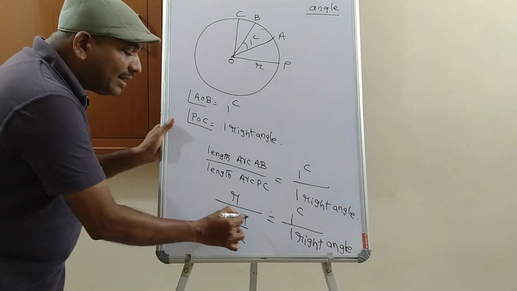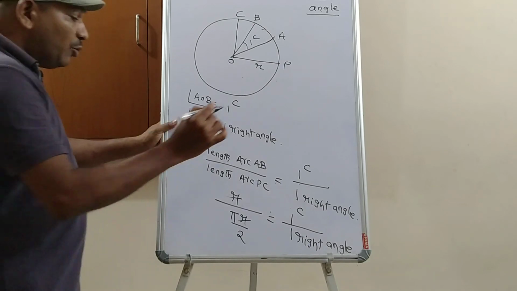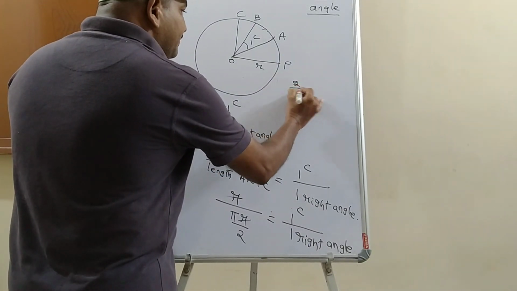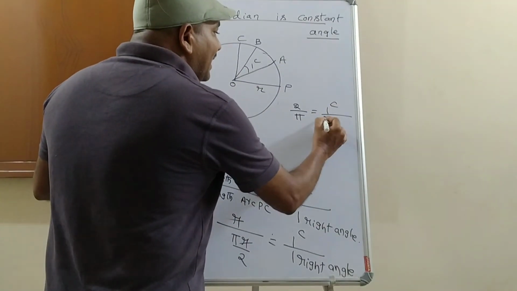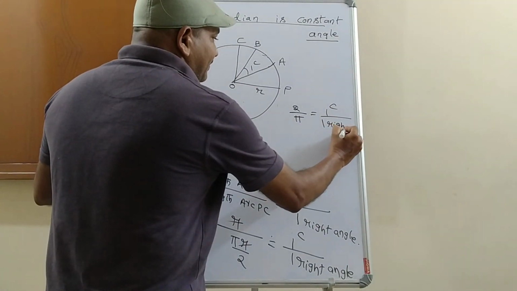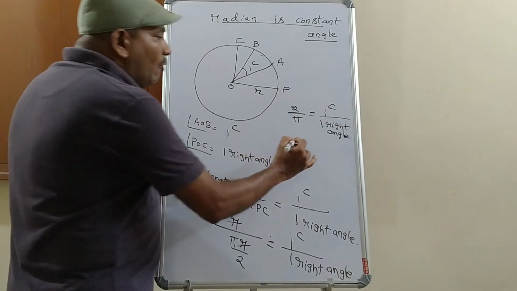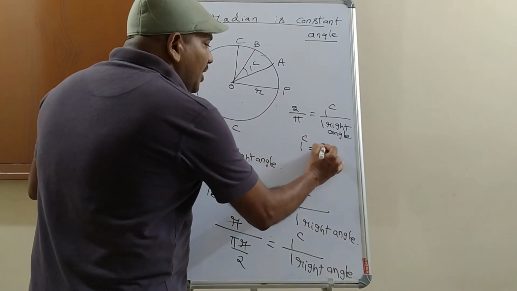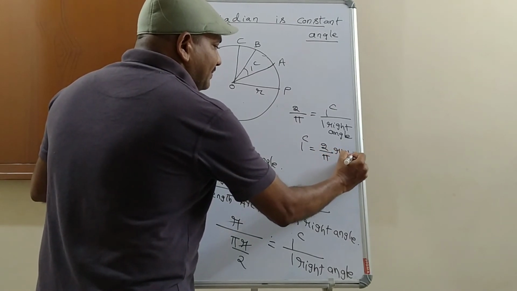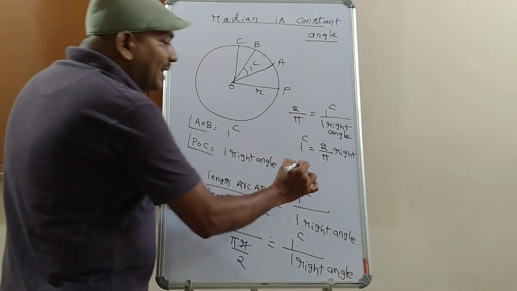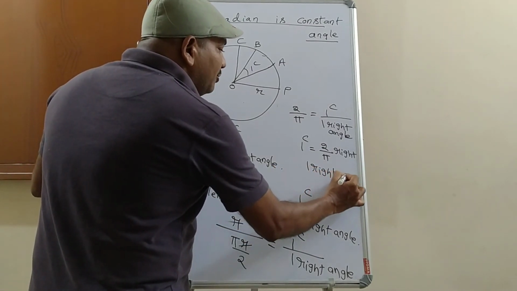Now r cancels. This means 2 by pi equals 1 radian by 1 right angle. This means 1 radian equals 2 by pi right angles, or 1 right angle equals pi by 2 radians.